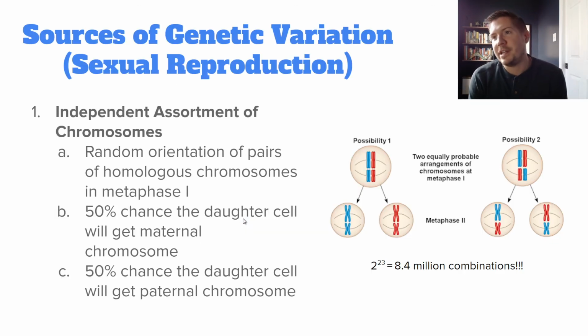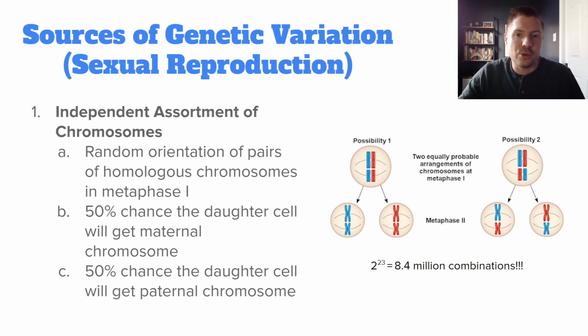So where do we get all this variation from? One way is the independent assortment of chromosomes. The way the chromosomes line up, if you look at this picture here, which ones are on the left, which ones are on the right, is random. So it's not like all the chromosomes that the person got from dad are on the left and all the chromosomes from mom are on the right.